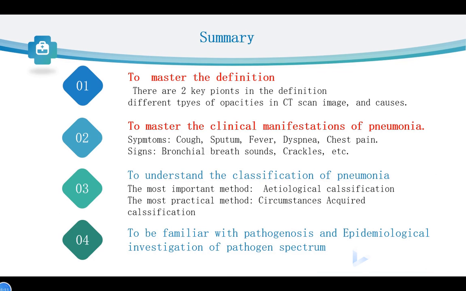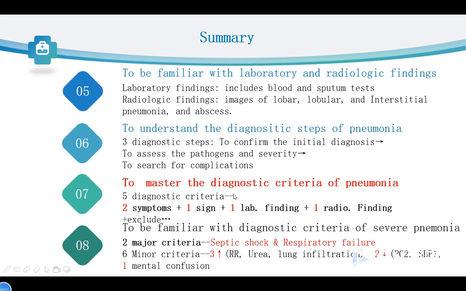And now let's do a summary. Please focus on the contents of the two marks because it's very important for your exam or further clinical work, to master the definition of pneumonia and the clinical manifestation of pneumonia. The diagnostic criteria of pneumonia is the most important content in this class, and you need to keep it in mind.